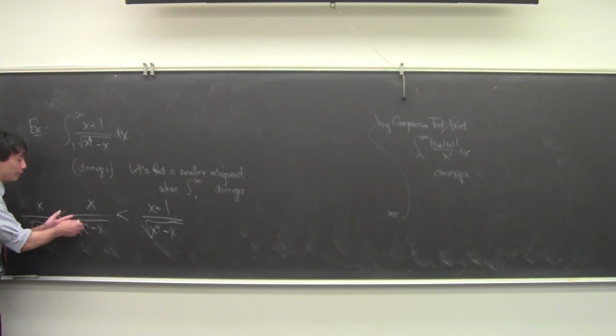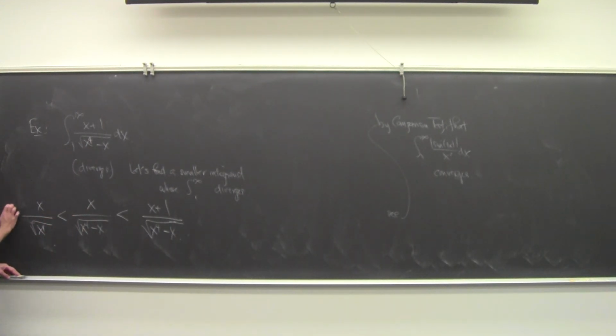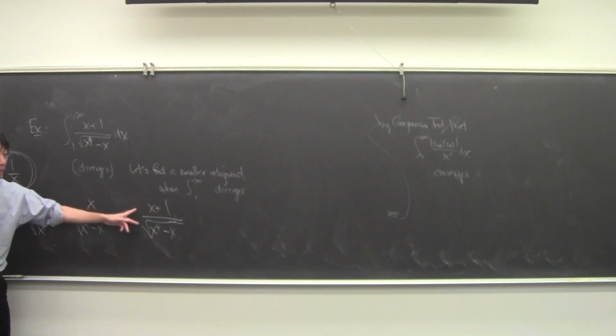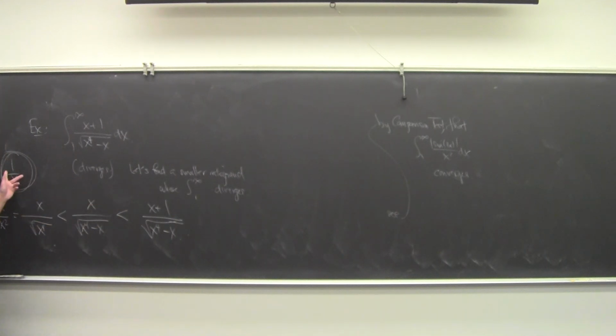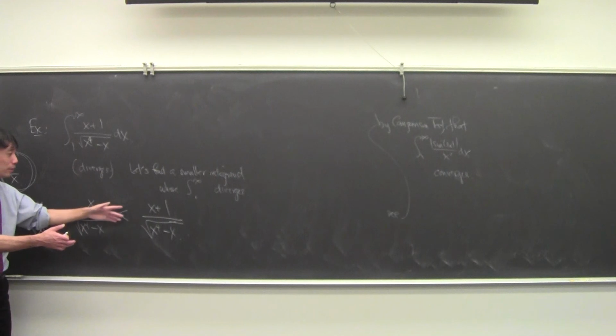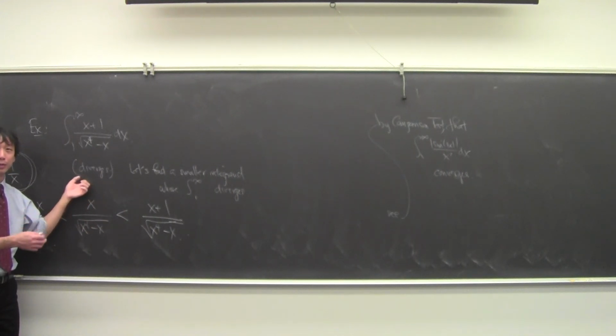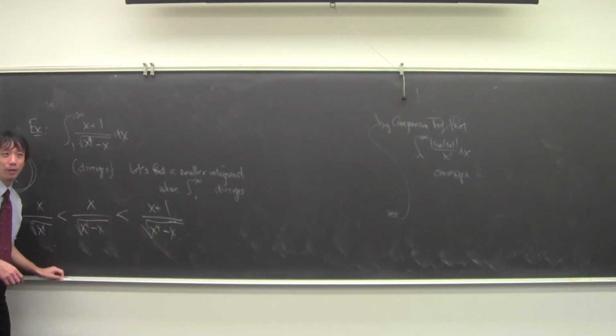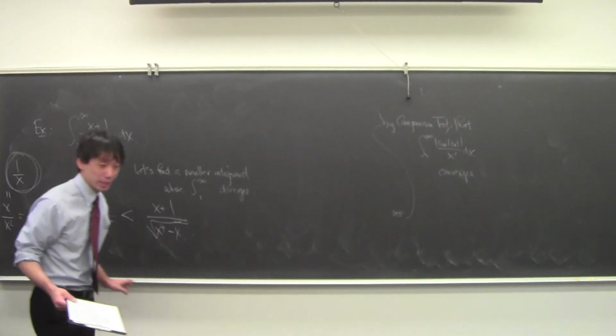That makes the thing under here bigger, and so we end up with x over x squared, in other words, 1 over x. So we found something that's smaller than the function, and its integral diverges, and so that tells me that the integral diverges. So you play some sort of game to try to find something smaller whose integral diverges. That's it for today. Sorry to keep you over.